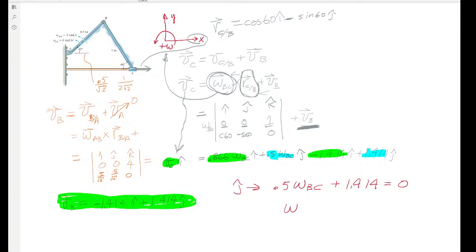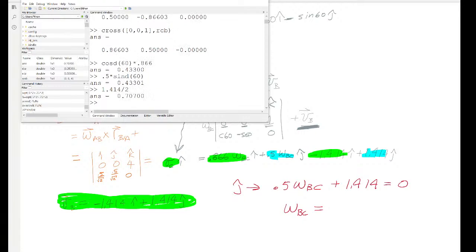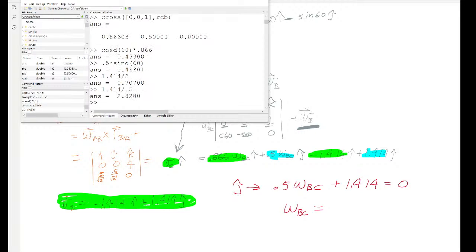Which tells me omega BC is equal to, wait, this is BC, right? Yeah, this is BC. 1.414 divided by 2. Is that right? 2 divided by 2? No, divided by 0.5, sorry. Yeah, multiply times 2. Well, divide by 2.828.